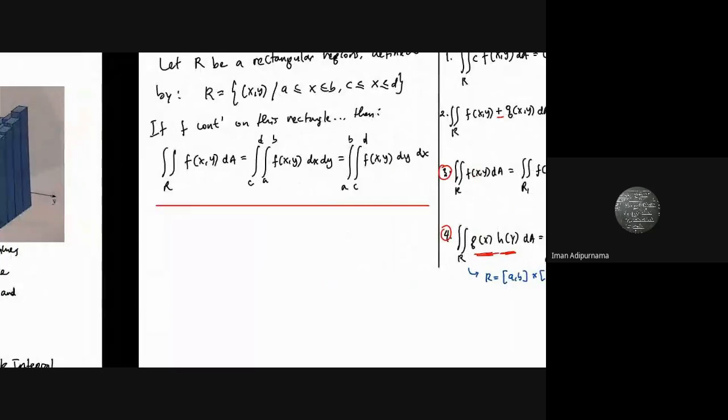The next part is the average value. Of course, you have already learned it in calculus 1. The difference in calculus 2 is that the average now uses the area, okay, instead of the x.